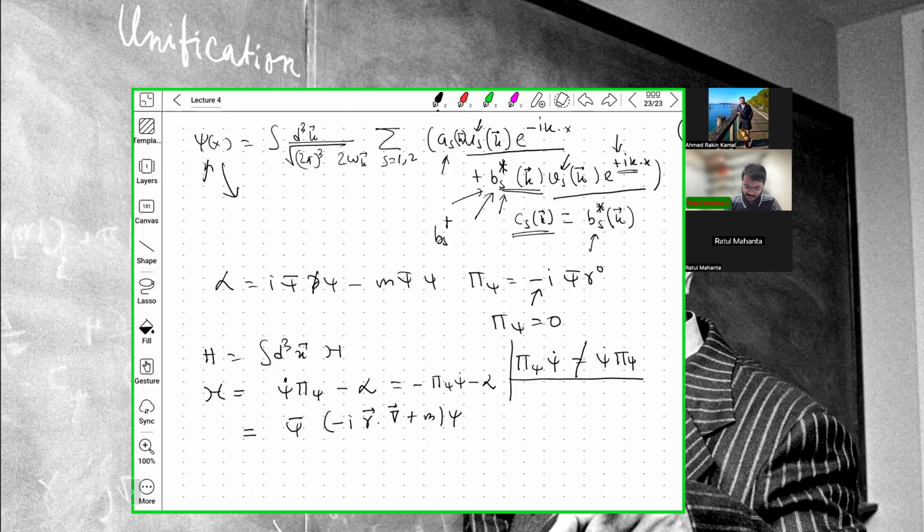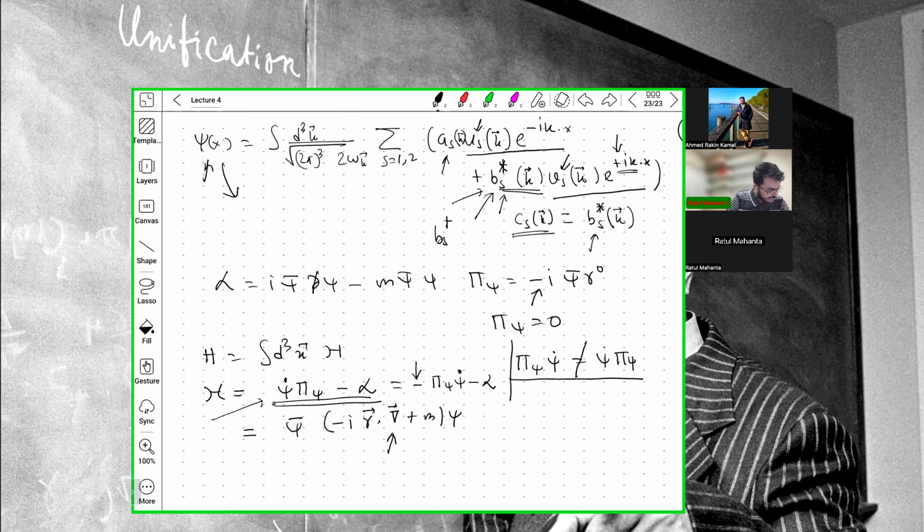It's always customary to write it psi star with psi dot, or in terms of minus, if you switch you have a minus sign here. So from the Lagrangian the phi dot term goes away, and what remains is the derivative with respect to position.